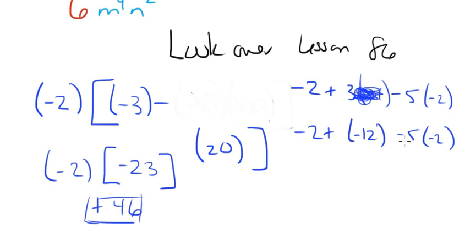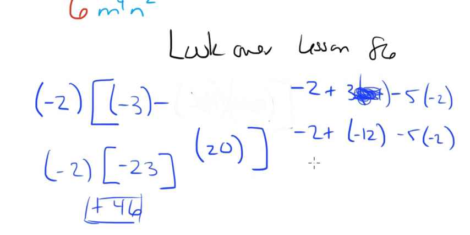Let me just bring this down so it's not confusing. And we have this one here. Well, we can do it one of two ways, however you want. You can bring the minus sign down and just take 5 times the opposite of 2, or you can say the opposite of 5 times the opposite of 2.